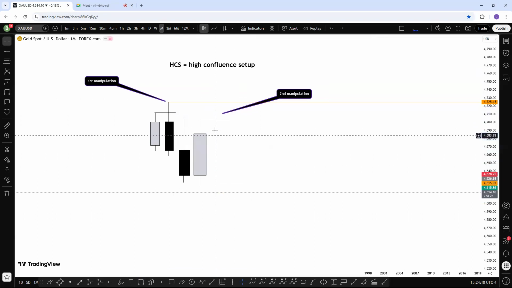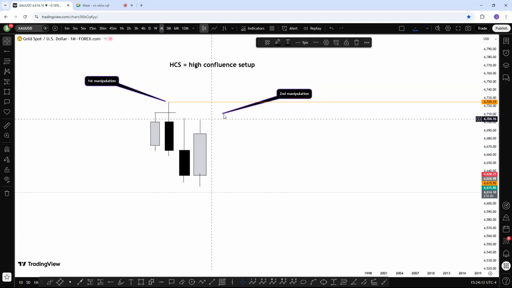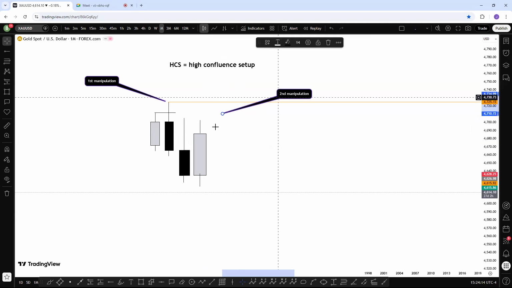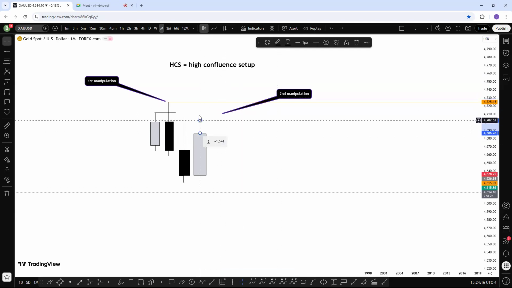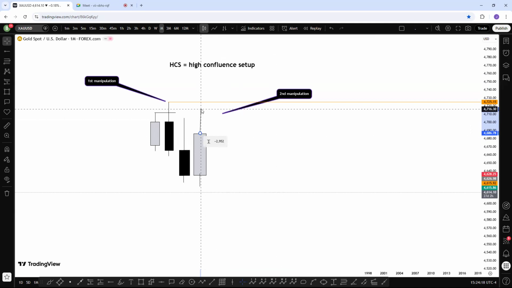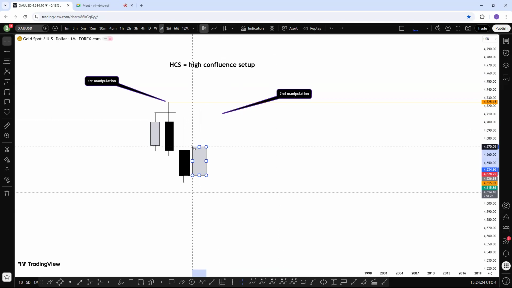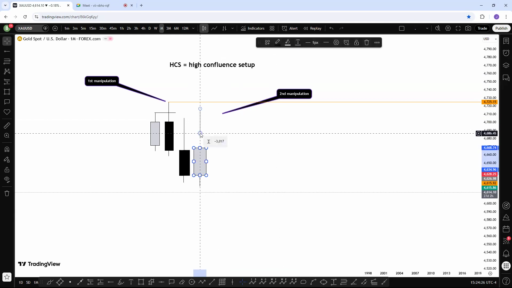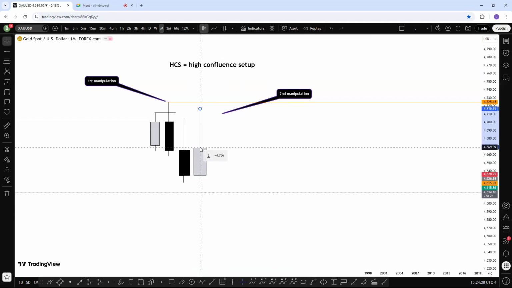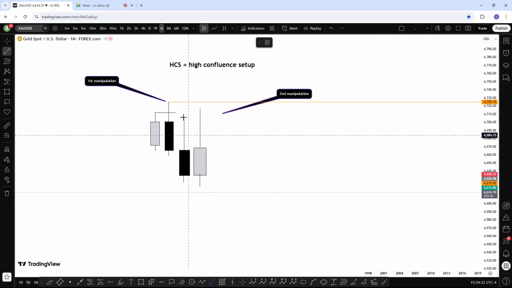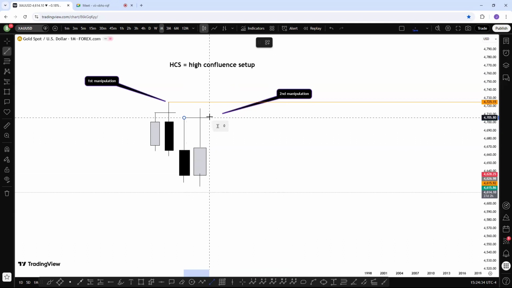For example, instead of having many candles, it may be like this. This one comes here and still rejects, like this. This is still an HS because you have manipulations again.